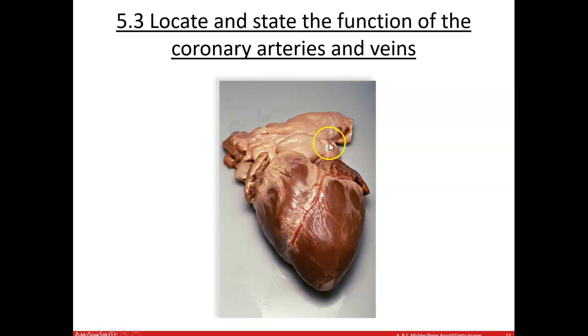So branching off of the aorta, which is some of this here, are what we call the coronary arteries. And the coronary arteries and the coronary veins are the blood vessels that supply the heart itself with blood, because the heart's living tissue too. It needs blood vessels. It needs a blood supply. The coronary arteries and veins are on the surface of the heart. They provide the heart itself with blood, the heart tissue.